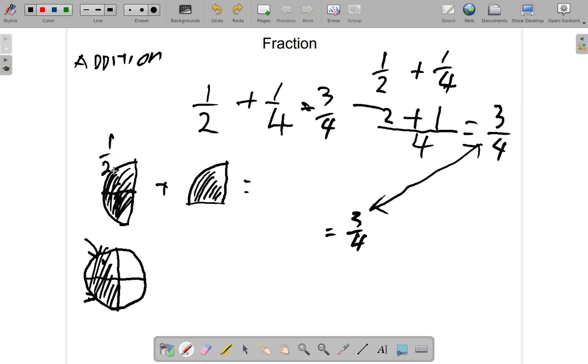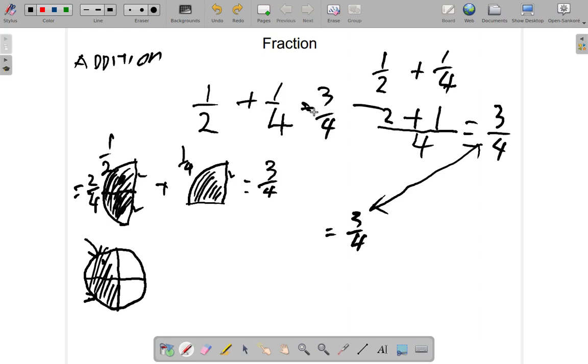So this is a half and this is 1/4. But 1/2 is equal to 2/4 because there is 1/4 here and the other quarter here. So what I have is 1/4 plus another quarter gives me 2/4, plus a third quarter gives me 3/4. So using this diagram, I added these two fractions.